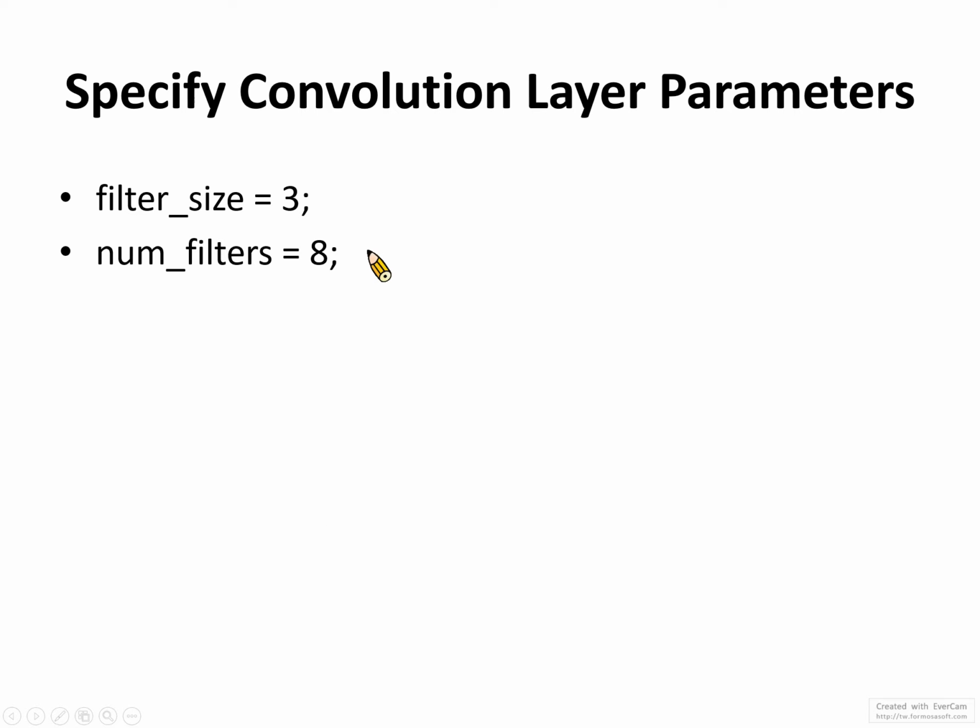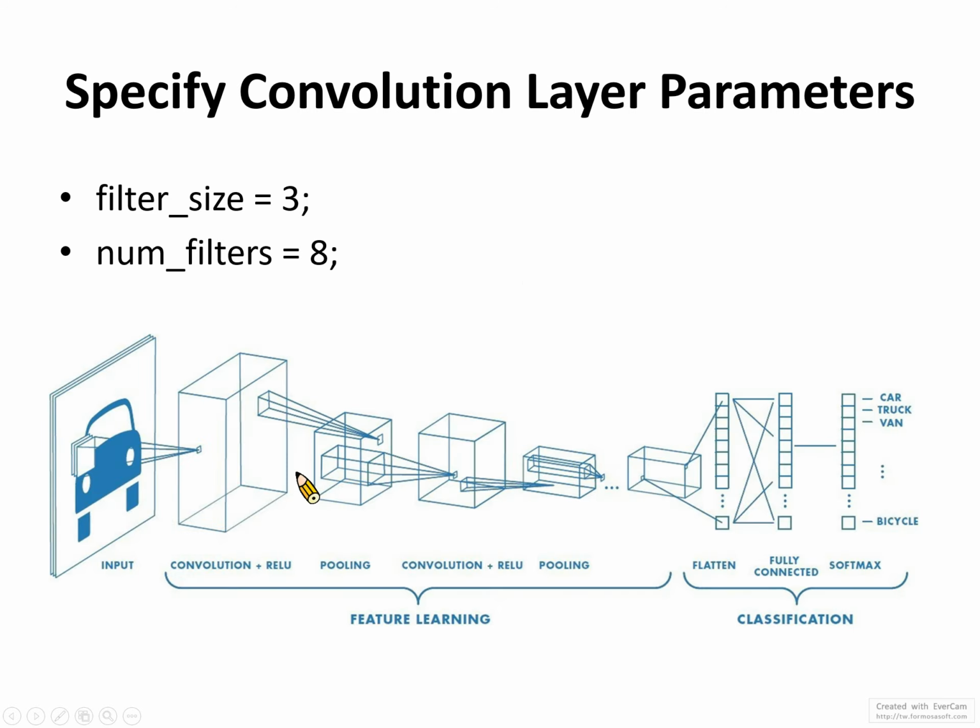Remember that in the convolutional neural network, we need to determine the size of the filters and the number of the filters. In the convolution layers, we use small parts of the two-dimensional matrix as a filter to match certain patterns from the original data.